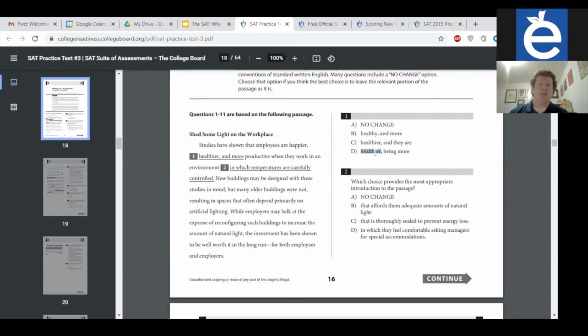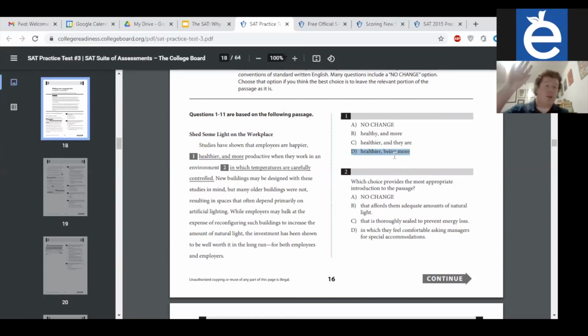Moving on to option D, "employees are happier, healthier, and being more productive when they work in an environment," et cetera. Option D gives us the same meaning, but this phrasing of "being more productive" uses "being." We already have the verb "are." They are happier, healthier, and more productive.